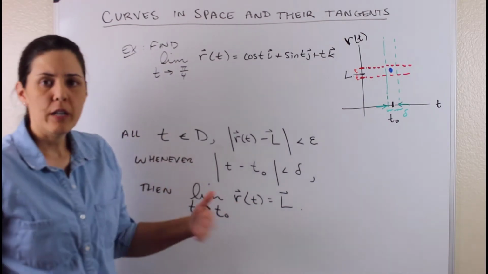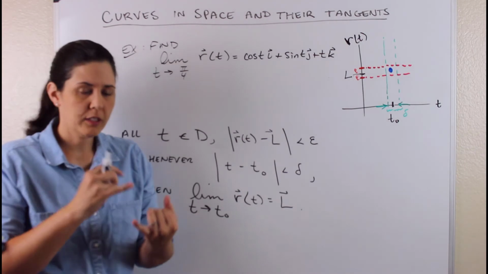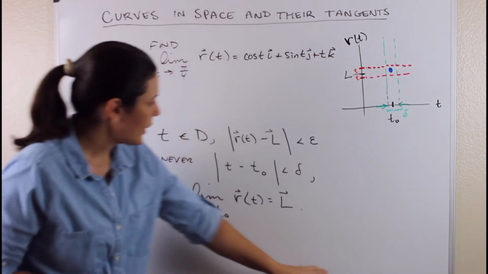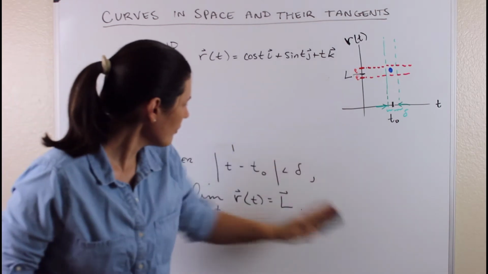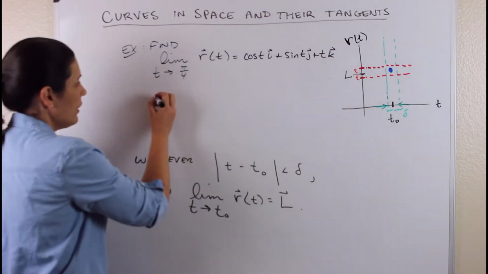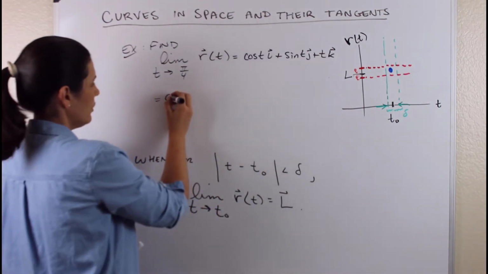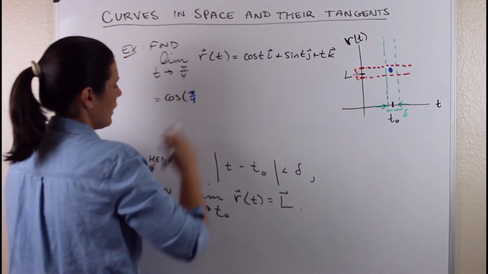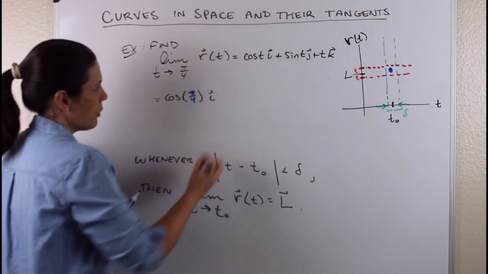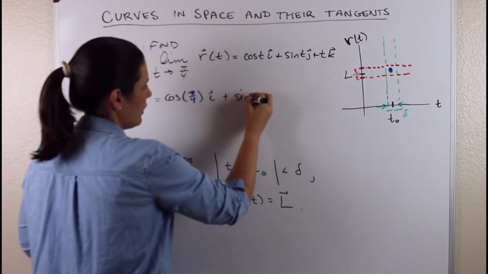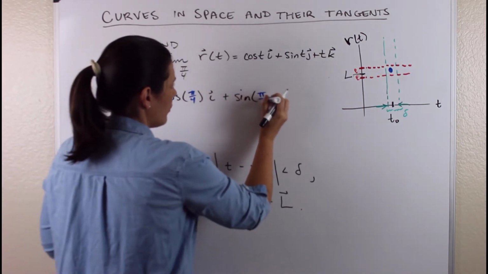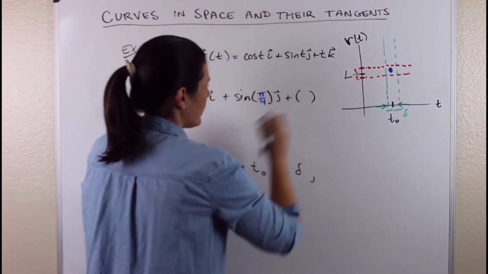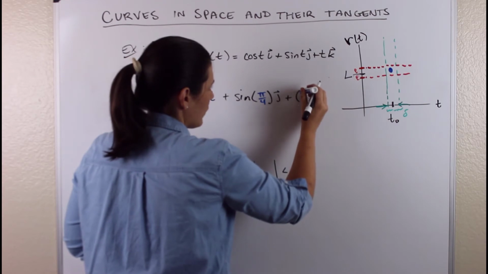If you recall how limits worked, you had various techniques for how to simplify the functions. So in this case, let's see, does direct substitution work? If I just plug in pi over 4, cosine of pi over 4 is going to be my i component, and then sine of pi over 4 is the j component, and then pi over 4 is the k component.